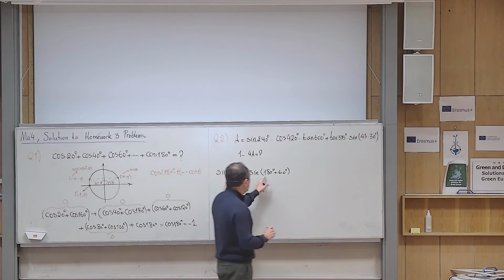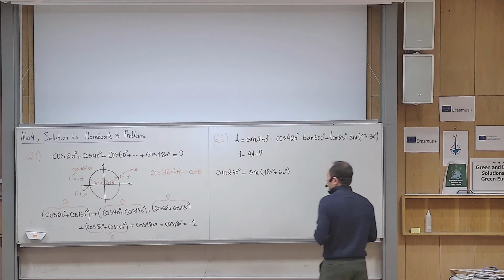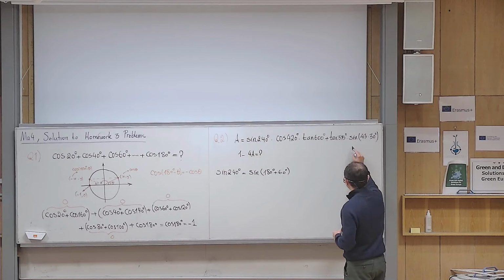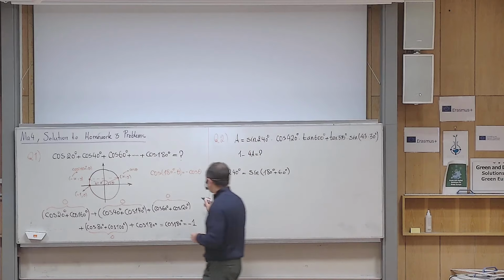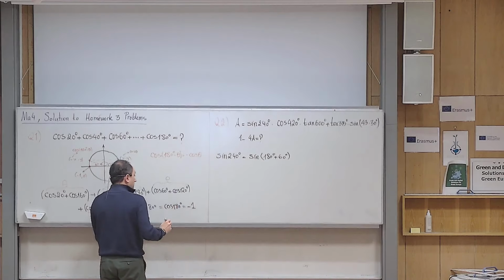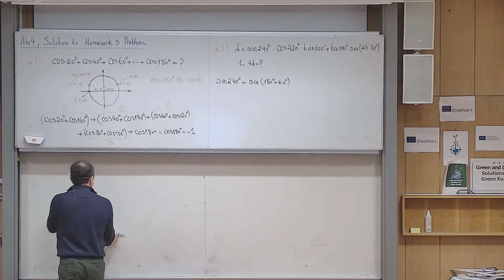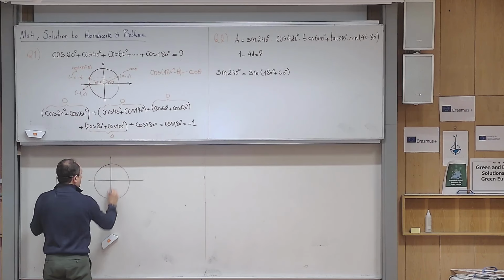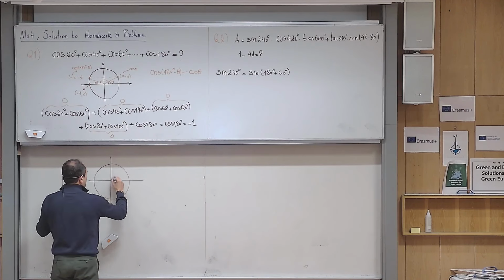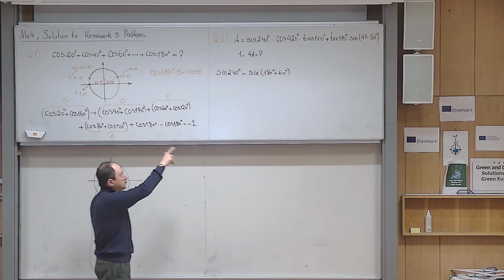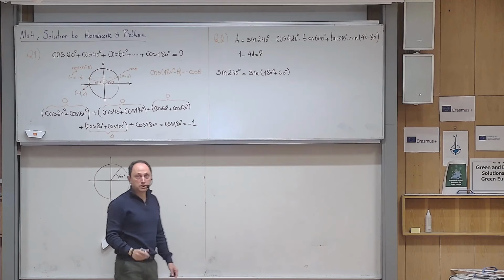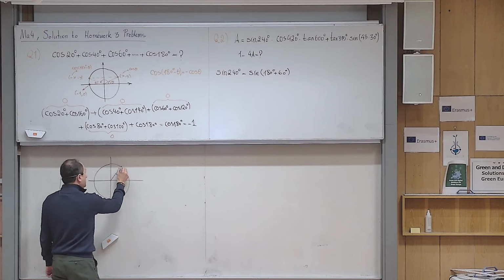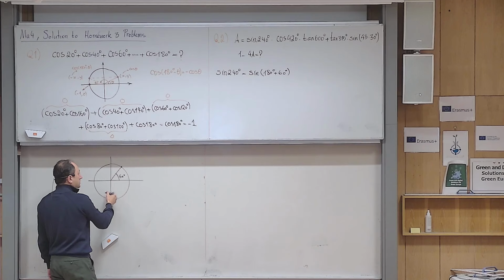And then it shouldn't be hard for you to understand what the value of this is, because if you just draw, let me just draw it here. If I draw the unit circle, yes? If I ask you where 60 degrees is, let us say this is 60 degrees, but then I need 60 degrees plus 180 degrees. So I have to start from here and go half around, okay?